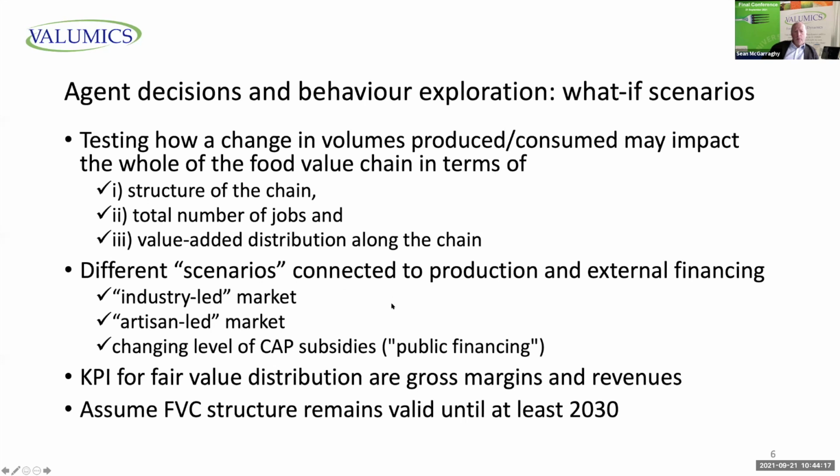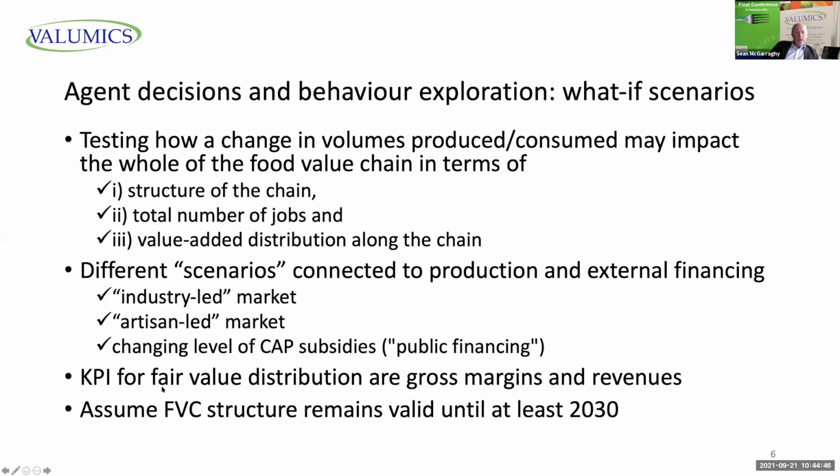Then Work Package 8 had developed a number of what they call scenarios, which I'm sure they'll discuss shortly. These are connected to production and financing and the kind of markets, industry-led or artisan-led markets in the French food value chain. So we considered what happens in these, and also what happens if the CAP subsidies, the public financing, maybe get changed.